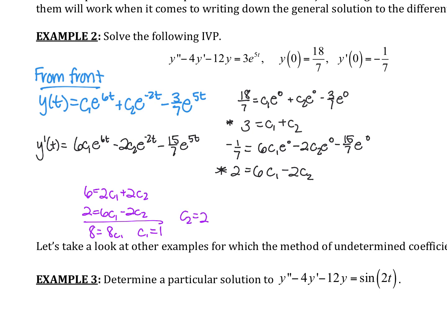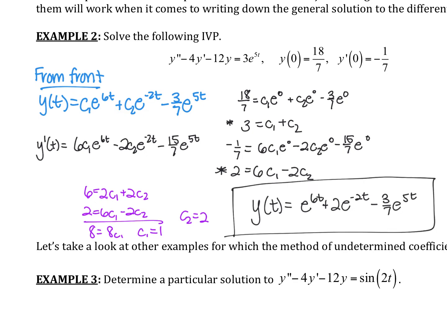So going back into my general equation, c1 is 1, so we get e to the 6t plus c2 is 2, e to the negative 2t minus 3/7 e to the 5t. So that's what an initial value problem would look like. Not too bad.